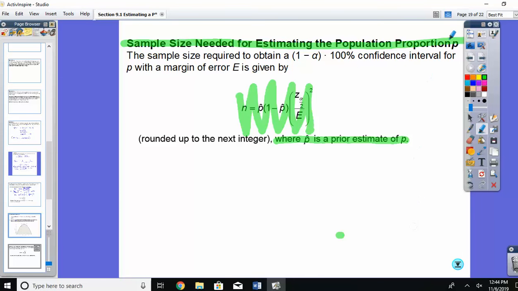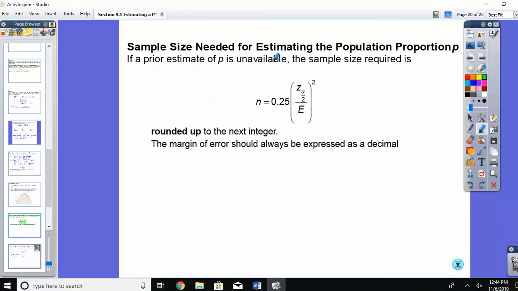Let's write that one down. If we do not have a prior estimate, then we will go by this formula. You will always round up. So if I get 130.1, I'm going to round that up to 131 because it's saying you would have to have more than 130 people. So always round up to the next integer, regardless of the decimal. Why is it 0.25? Because if you take 50% divided by 2, because we always do the z alpha over 2.